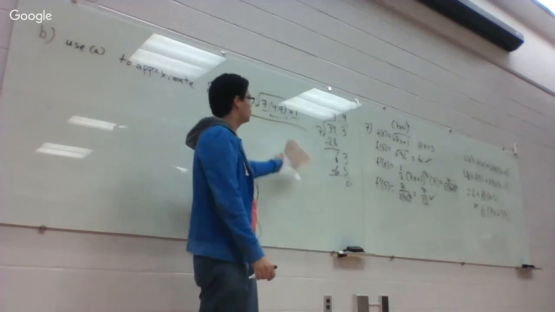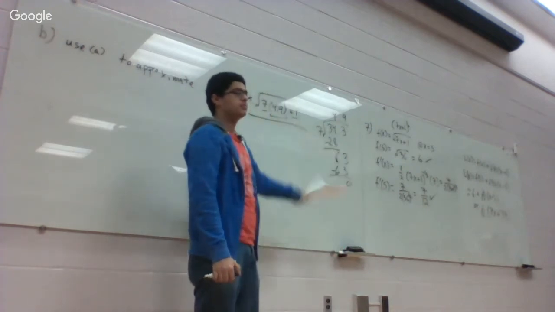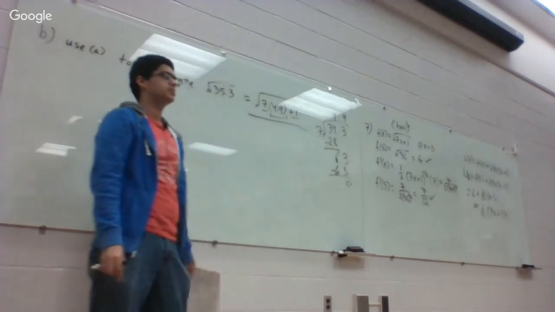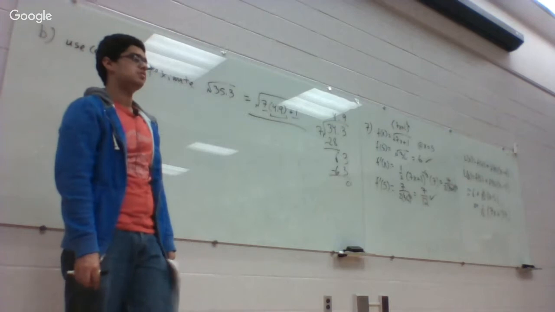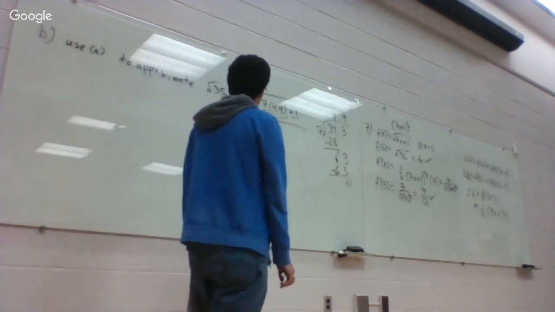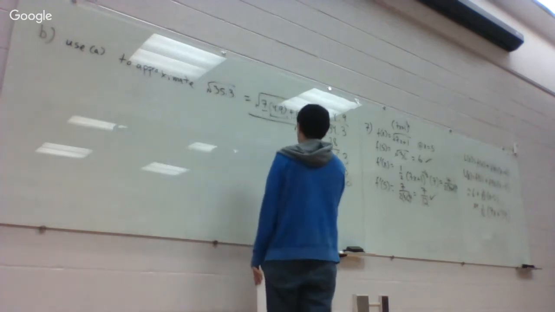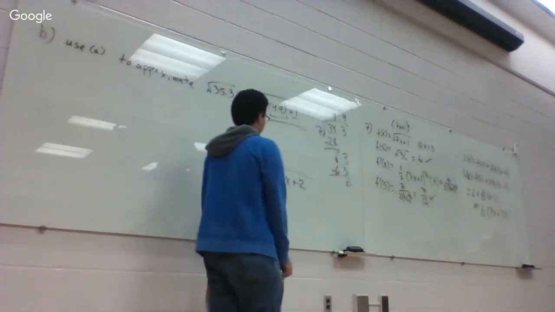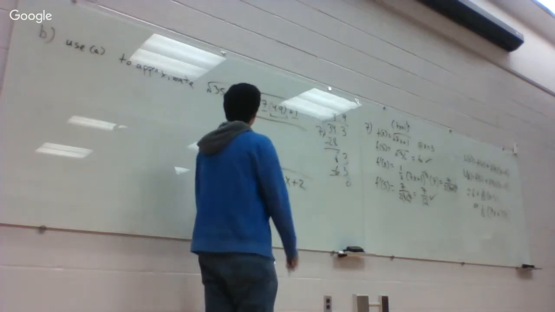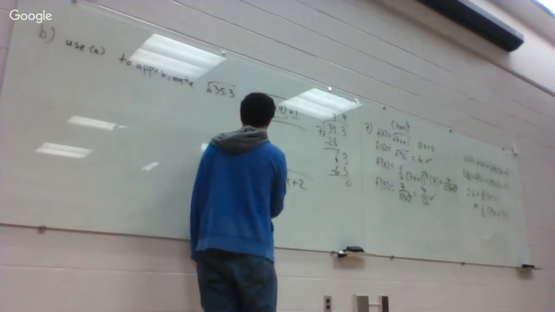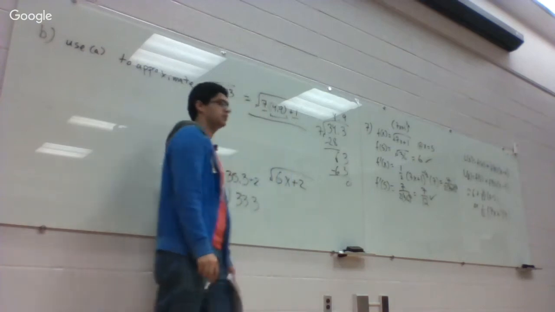You guys see how I got 4.9 from that? It's sort of doing it backwards. So if that was 6x plus 2, of course that equation would be different, but we do 35.3 minus 2, that's 33.3.